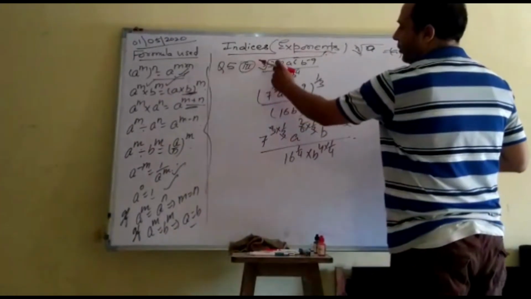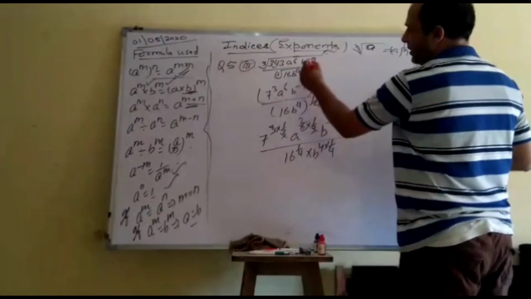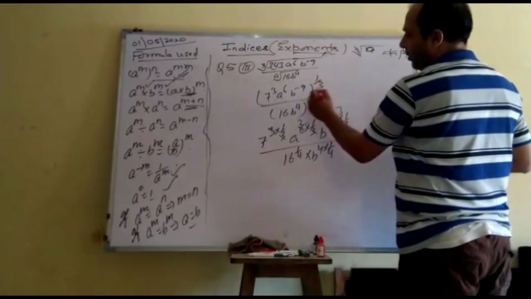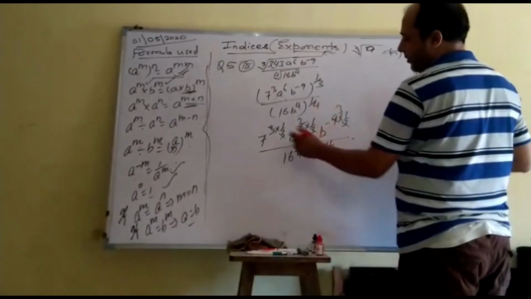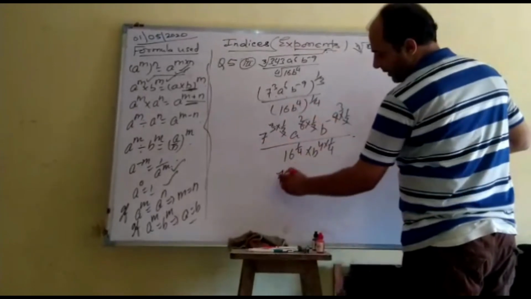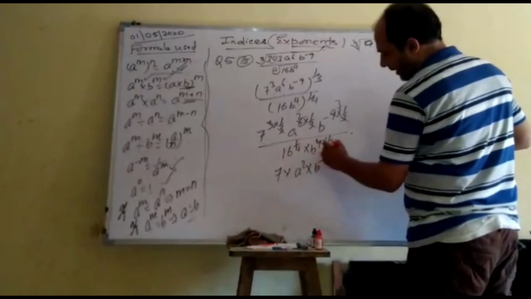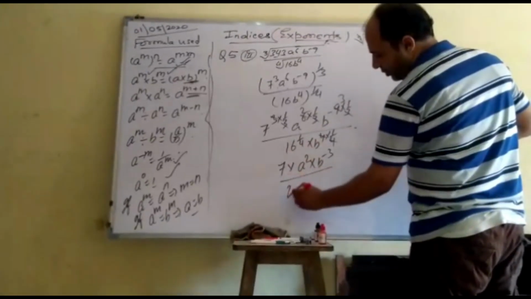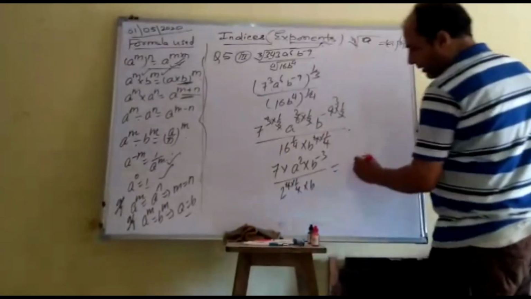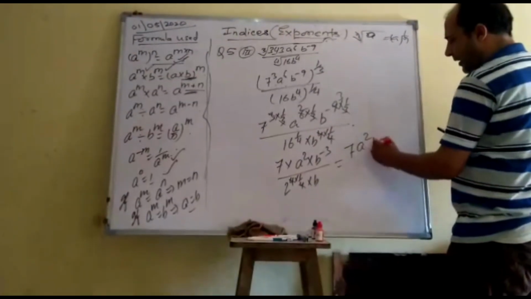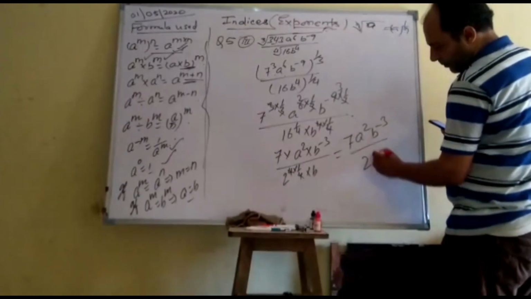On simplification you get 7 into a square into b to the minus 3, cancel. Now here 2 raised to power 4 into 1 by 4, b cancels. So it is 7 a square b raised to power minus 3 upon 2 raised to 2 b.